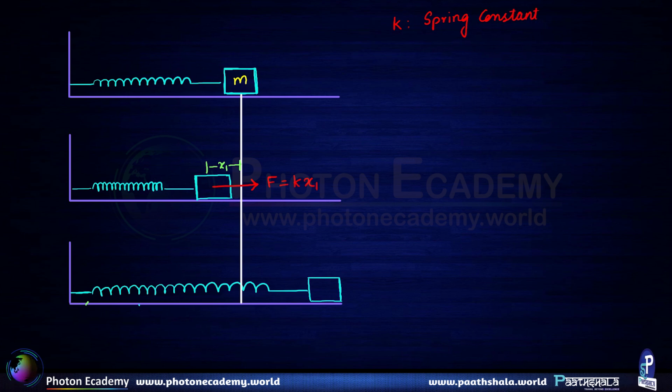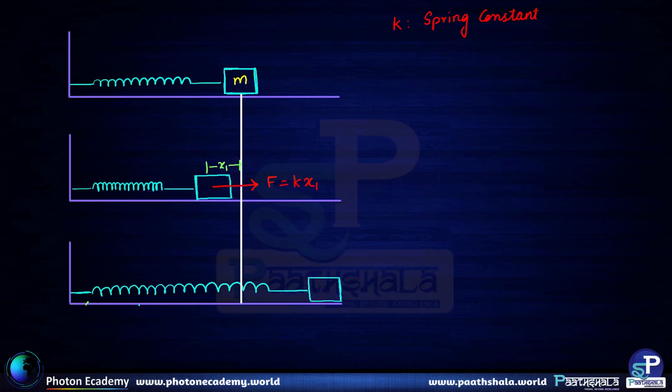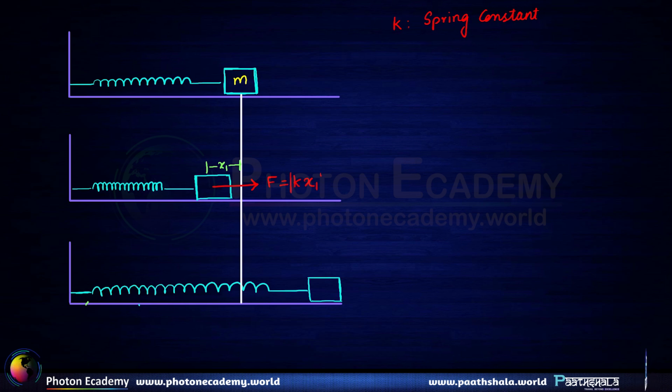Sometimes k is also referred to as the stiffness of the spring. So F is equal to kx1 is the spring force that is applied towards the right-hand side. Here the displacement x1 was towards the left-hand side and the force is opposite to the displacement. So this is the magnitude of the force.